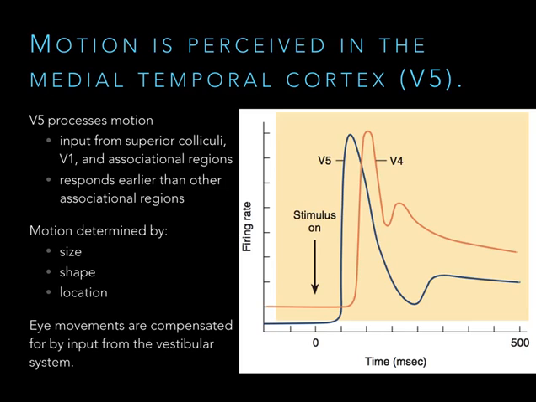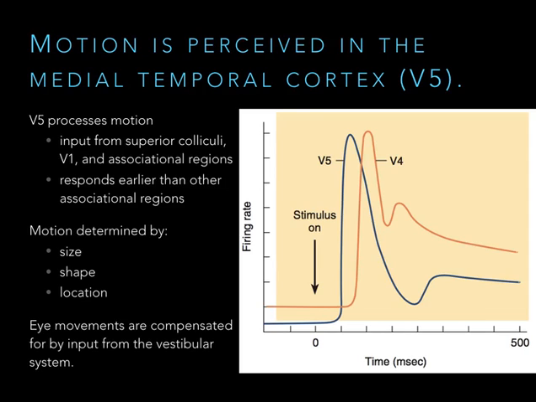So it's going to receive input from V1, so the primary visual cortex, as well as other associational regions, but it's also going to get some immediate input from the superior colliculi, which you should remember as being a part of those visual reflexes. So V5 is going to get very fast input to allow it to respond rapidly to visual input.